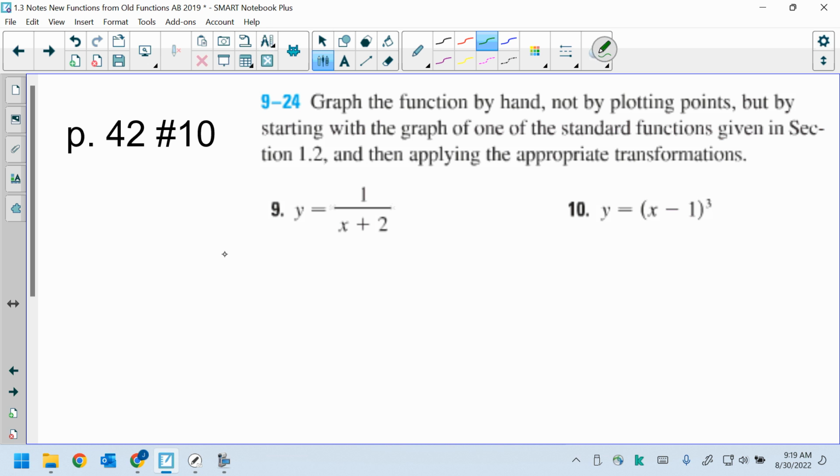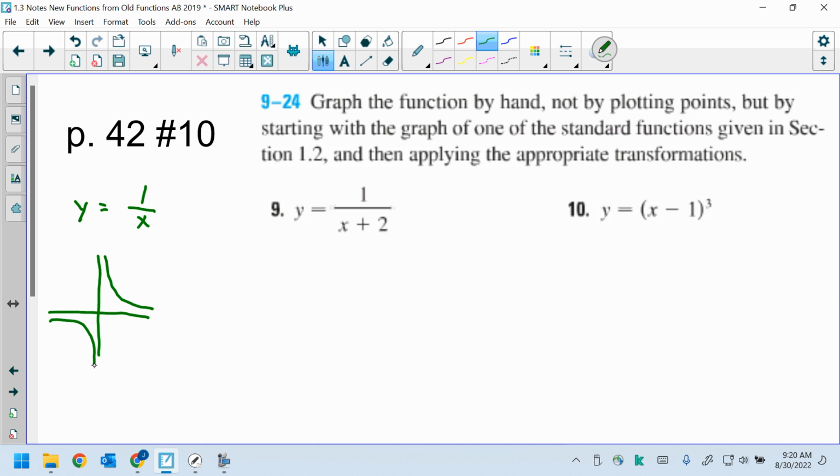I know that if I had y equals 1 over x, it would look like this. So that's what I'm thinking in my mind.